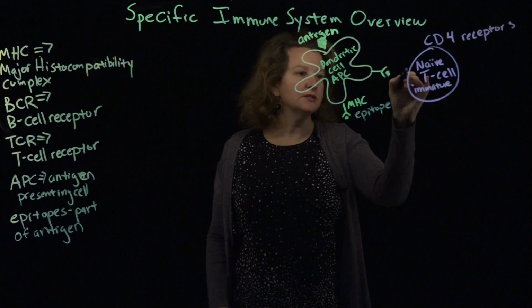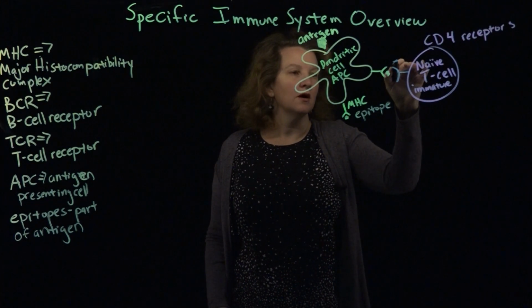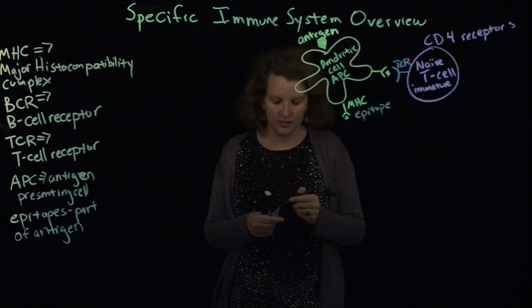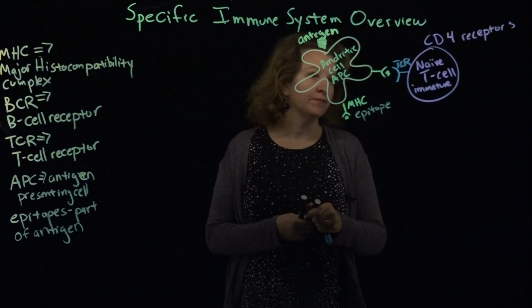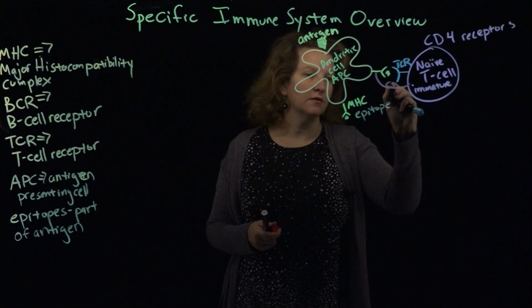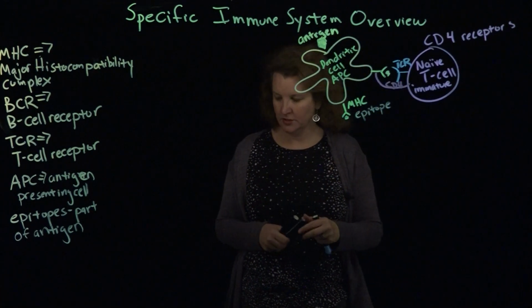The T cell type will have these areas called TCRs, or T cell receptors, and that along with the CD4, which kind of wraps around here, bind to this epitope, and then it will be stimulated to divide.